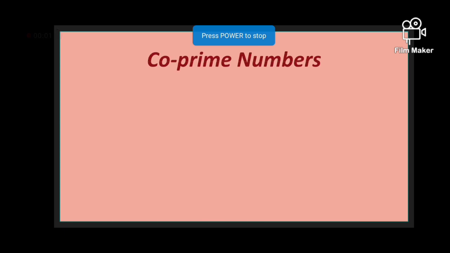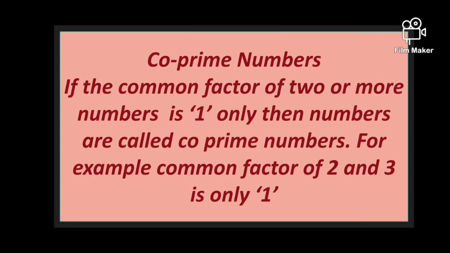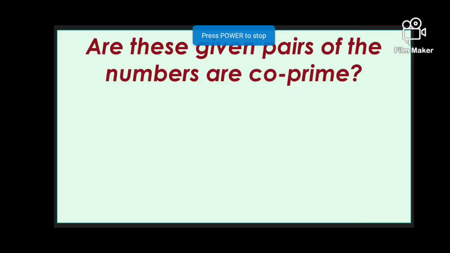Now first, co-prime numbers. If the common factor of two or more numbers is one only, then the numbers are called co-prime numbers. For example, the common factor of 2 and 3 is only 1, so 2 and 3 are co-prime numbers. Are these given pairs of numbers co-prime?